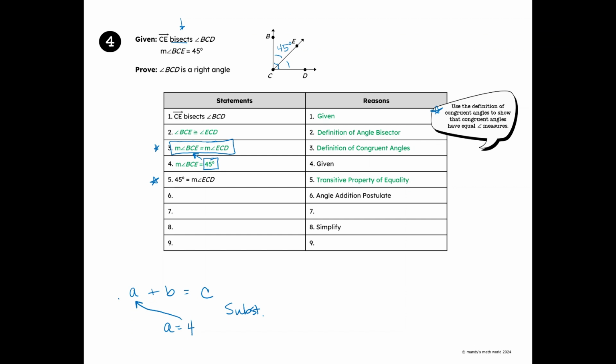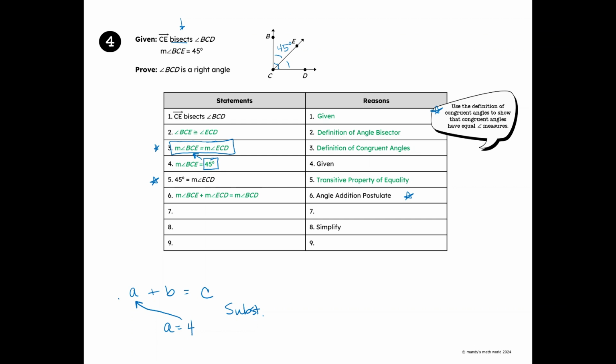The angle addition postulate. There's another clue over here. Okay, well, let's use that. Let's start there. The angle addition postulate, what will that tell us? That tells us that the measure of angle BCE plus the measure of angle ECD equals the measure of the entire thing. Okay, well, where do we go from there?